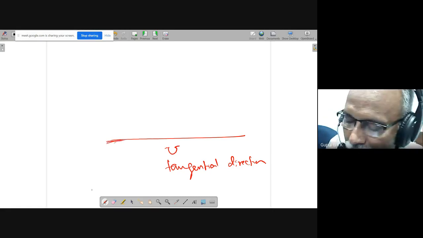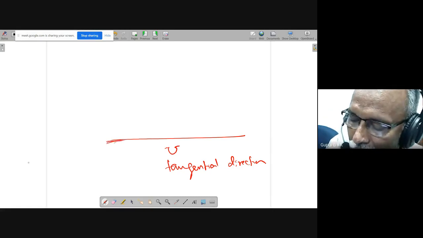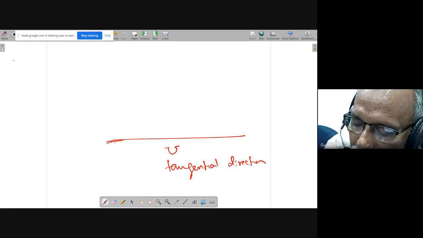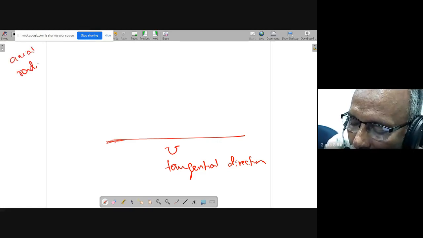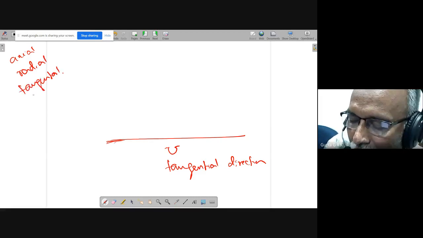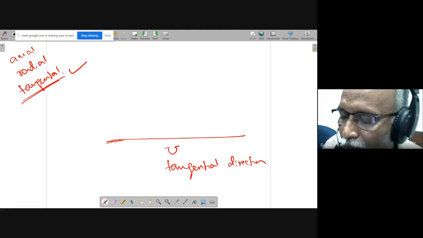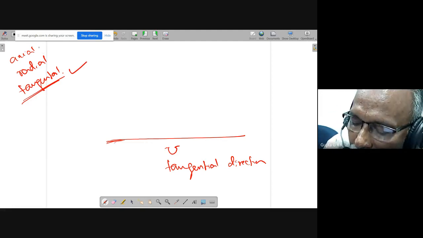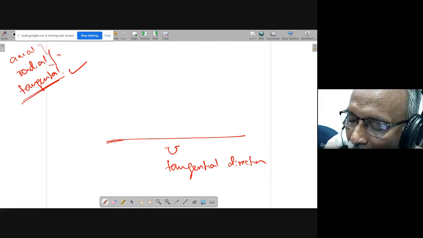And another thing to remember is we have three directions: axial, radial, and tangential. In all the triangles, tangential will definitely be there, and out of axial and radial, only one will be there.